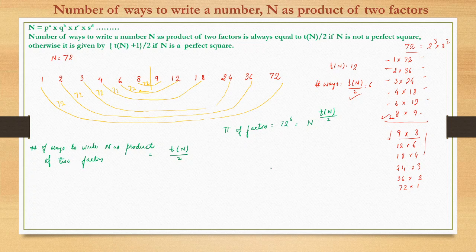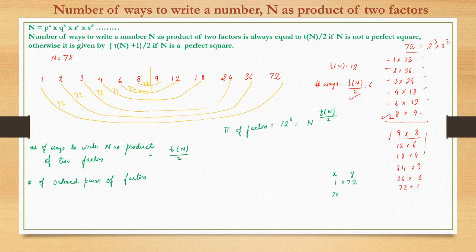Now, if the question was the number of ordered pairs of factors, then ordered pairs means like if, say, 1 into 72 is a way of writing 72 as a product of two factors. So here there are two numbers x and y. x can take 1, y can take 72.